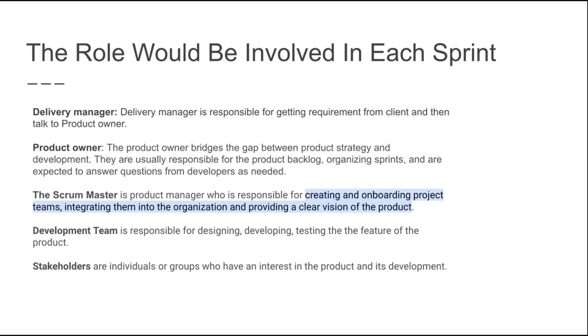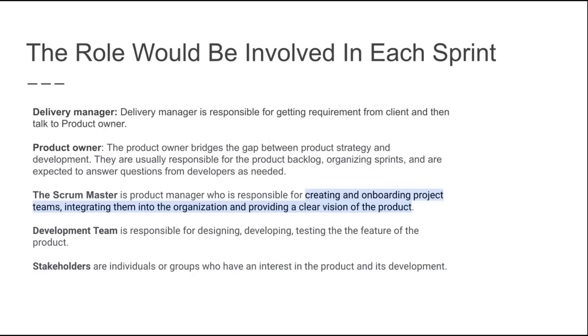Next, the Scrum Master, who is also the product manager, is responsible for creating and onboarding the project team, integrating them into the organization, and providing a clear vision of the product.